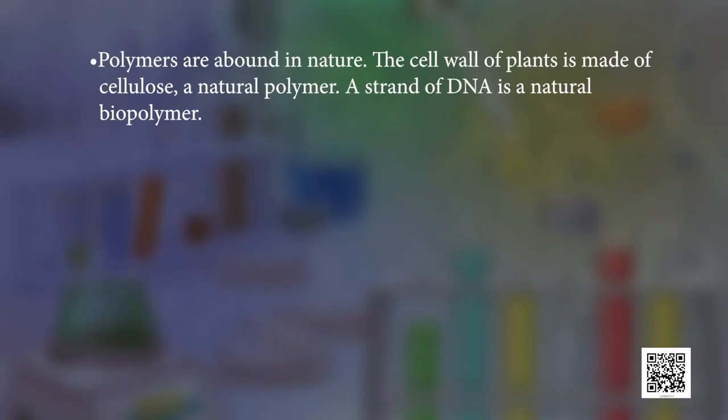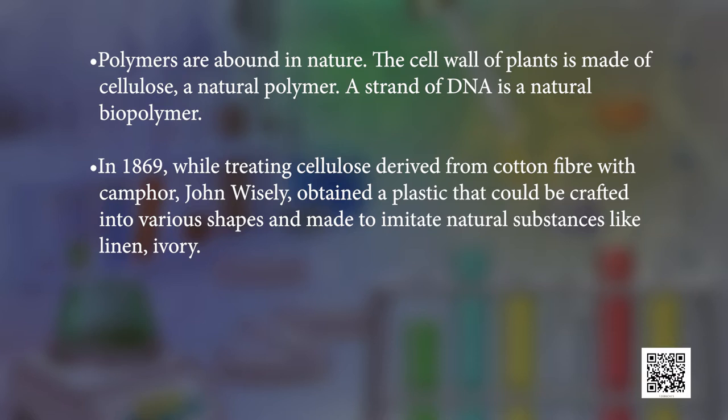The cell wall of plants is made of cellulose, a natural polymer. A strand of DNA is a natural biopolymer. In 1869, while treating cellulose derived from cotton fiber with camphor, John Wesley obtained a plastic that could be crafted into various shapes and made to imitate natural substances like linen and ivory.